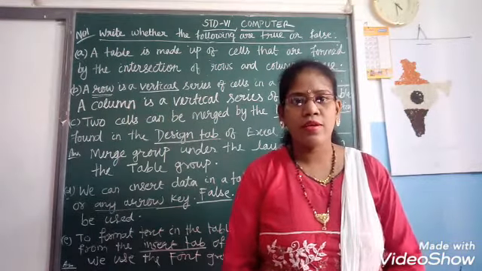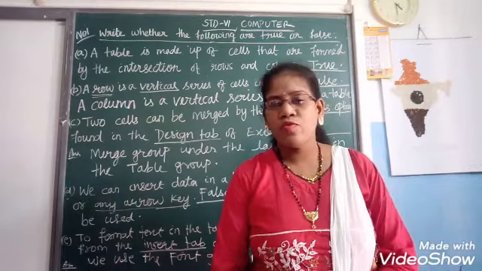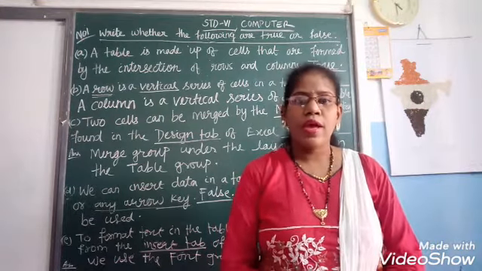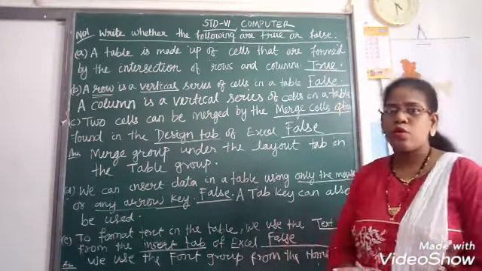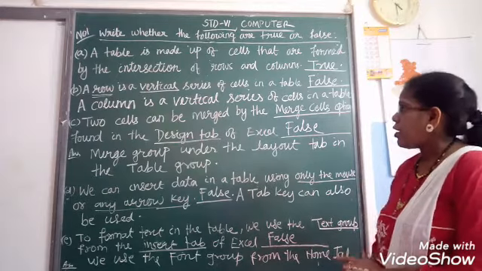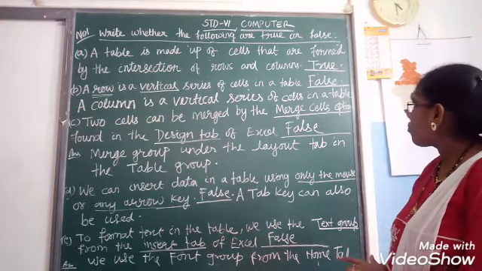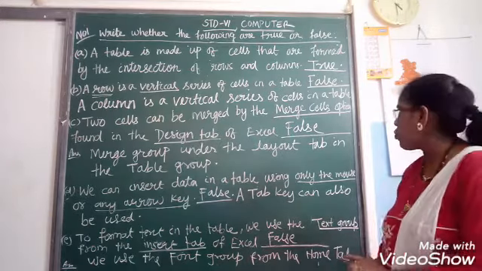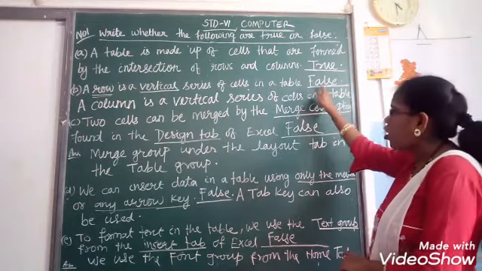Is it clear? First, you write down the question. Then, if it is false, please write false and you write the correct answer. Can you see all the things? A table is made up of cells that are formed by the intersection of rows and columns. It is true. A row is a vertical series of cells in a table. False.